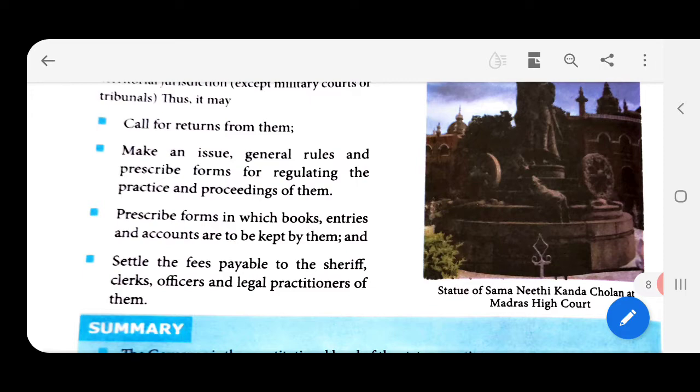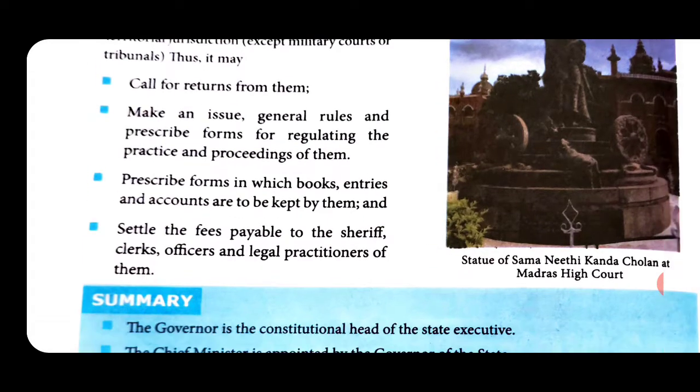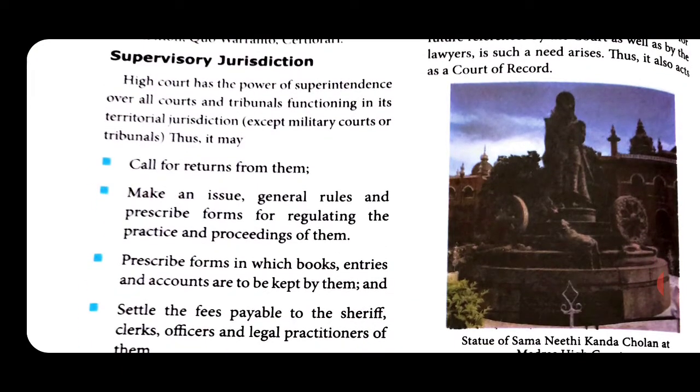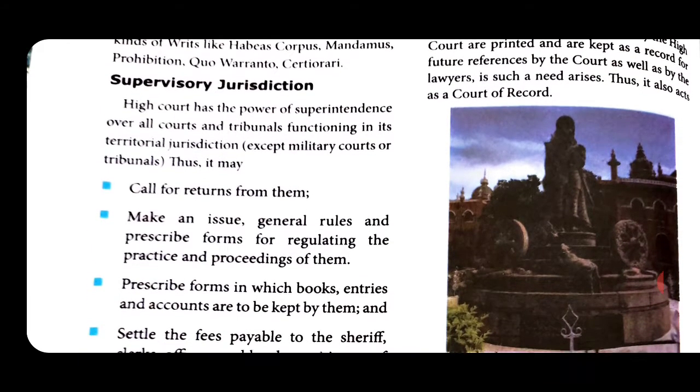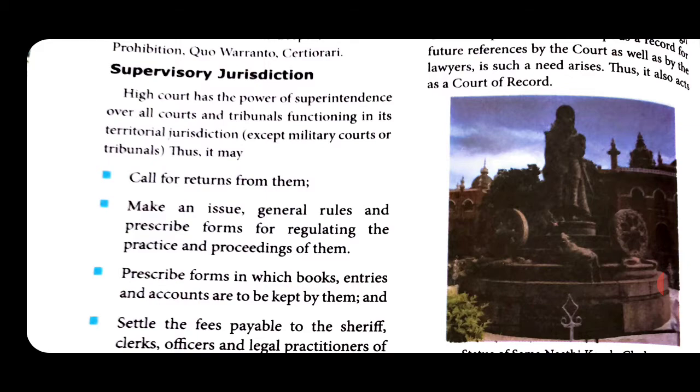This is what they can do. Prescribe forms in which books, entries and accounts are to be kept by them. So, these are all the things supervisory jurisdiction can do. Okay. Settle the fees payable to the sheriff, clerks, officers and legal practitioners of them. So, all this consists of the supervisory jurisdiction.